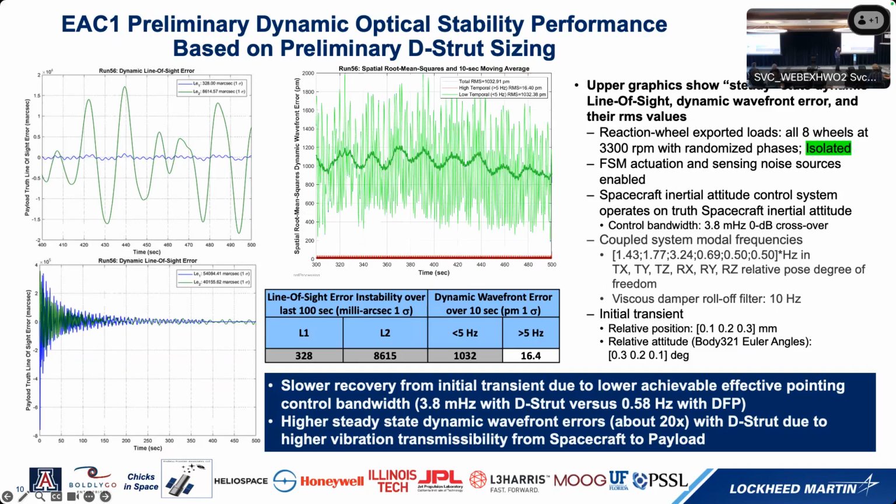The same initial conditions apply. In the other case, the vibration is not isolated here. With the destruct system, we are seeing wavefront errors above 5 hertz at 60 picometers. Next chart, please.